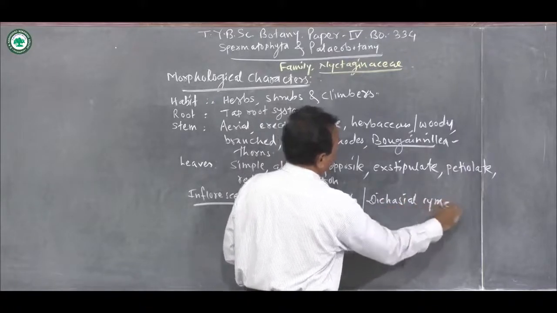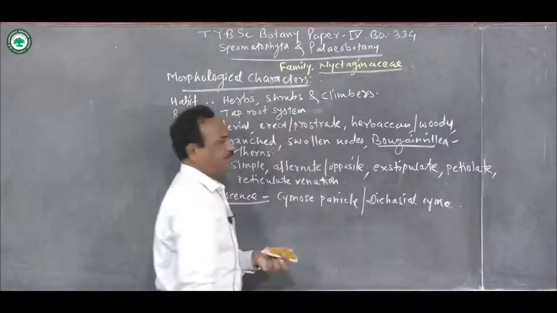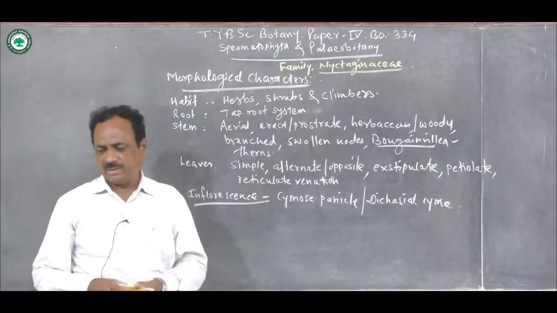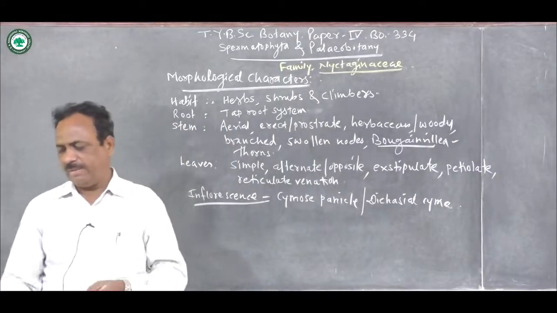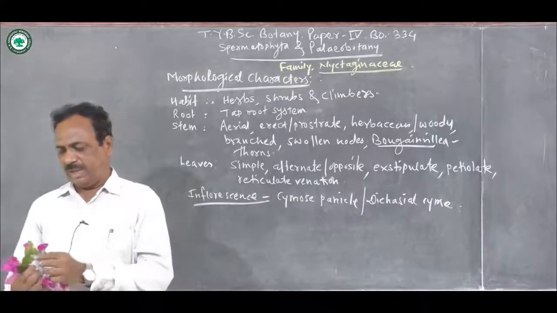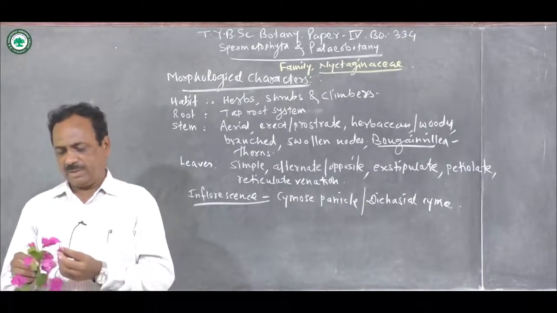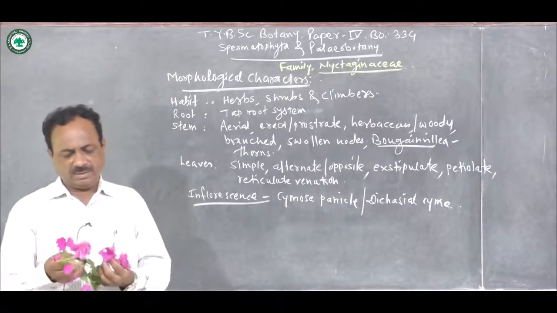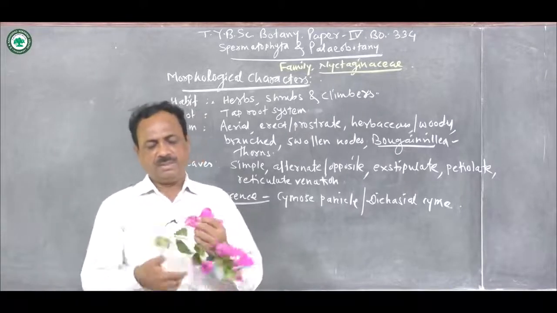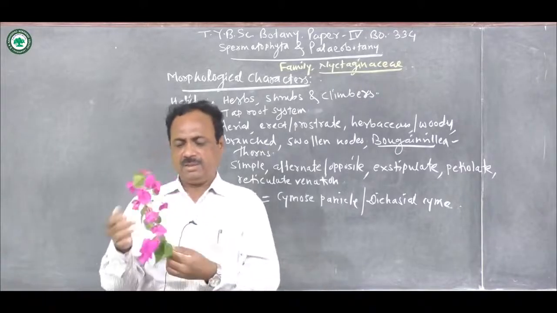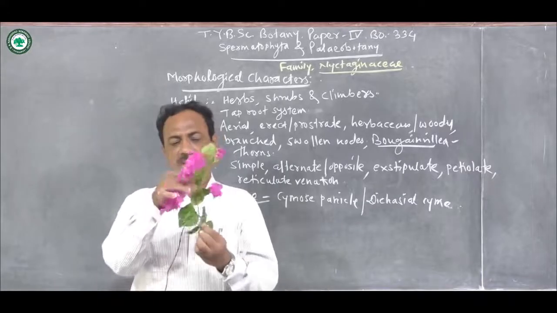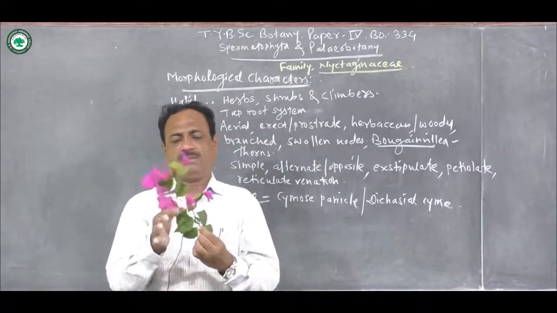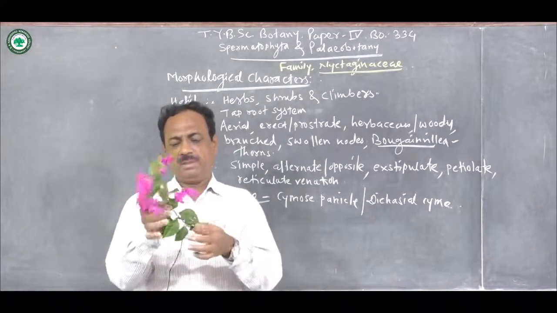For example, in case of a plant like Bougainvillea, there is a presence of dichasial cyme. If you see the Bougainvillea plant, it shows the presence of alternate phyllotaxy, leaves are alternately found.